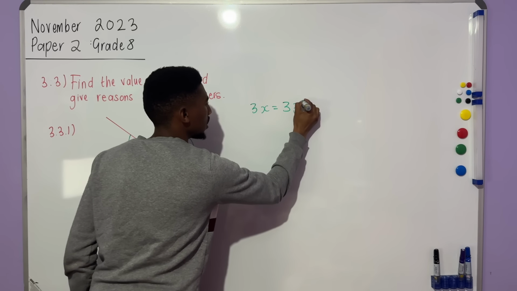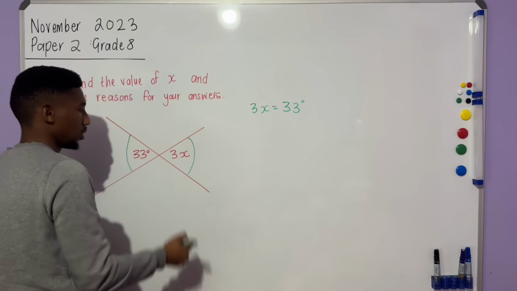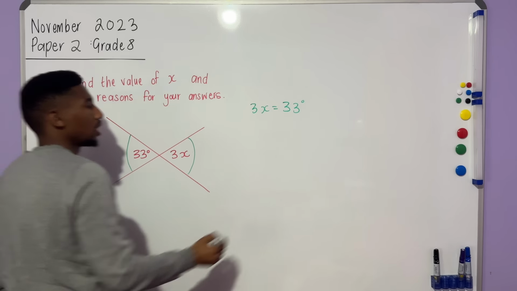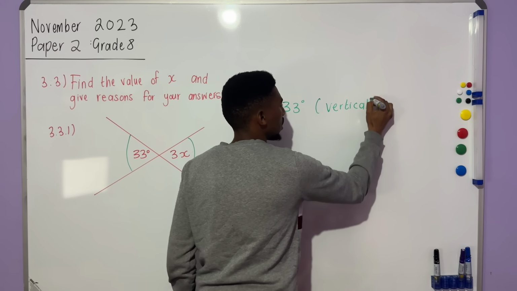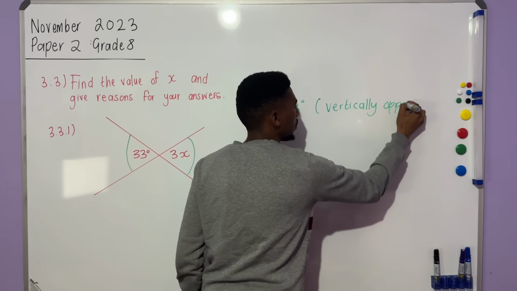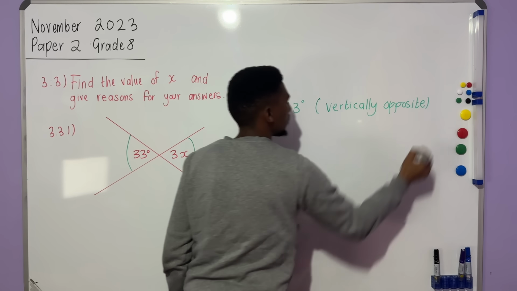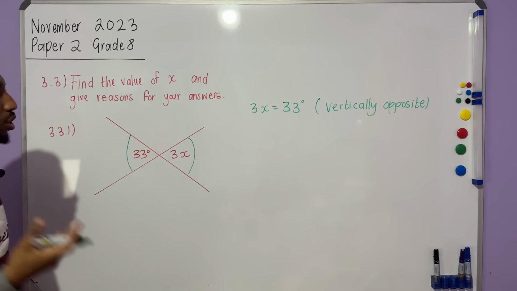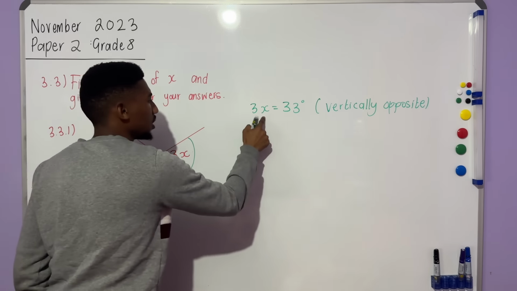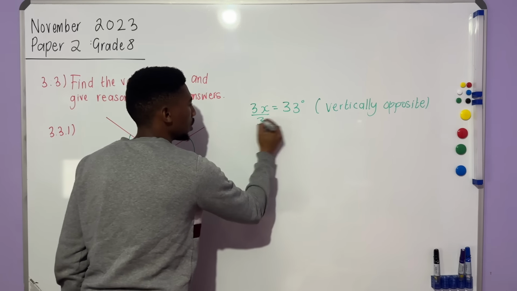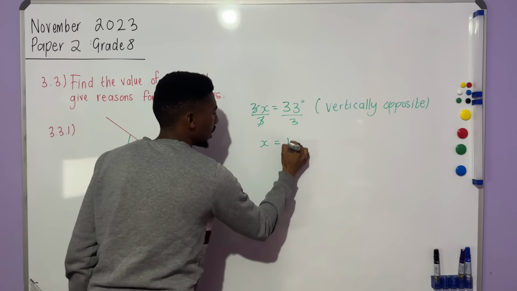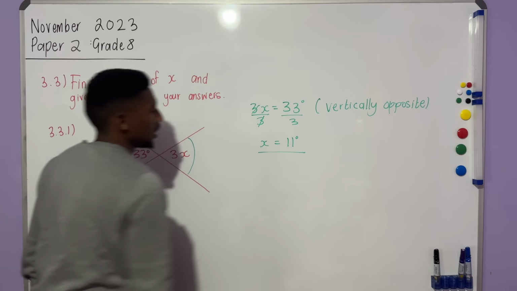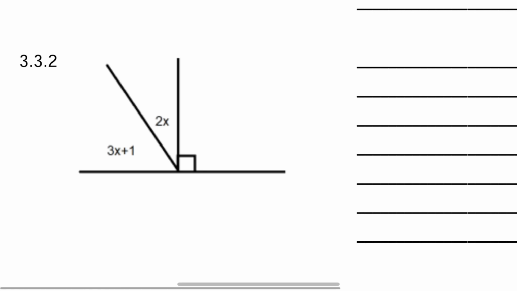Vertically opposite angles are simply equal. So that angle is equal to that angle, and you need to write your reason. Your reason is vertically opposite. Then you're not done, because you need to find x. This is 3x. You know what to do. We're going to divide by 3 on both sides, and x is equal to 11 degrees.